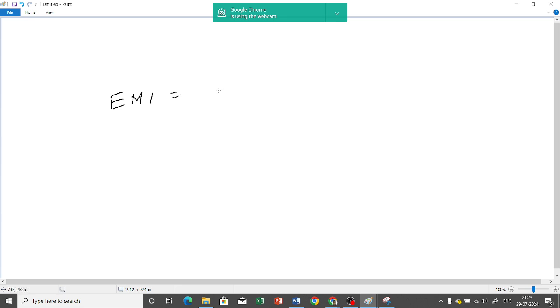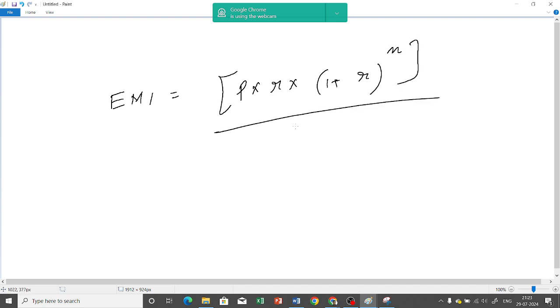So the EMI formula is P into R into 1 plus R to the power n whole divided by 1 plus R whole to the power n minus 1.